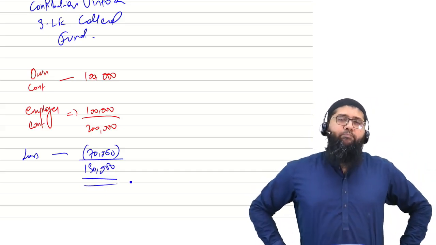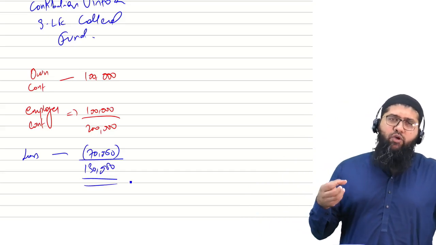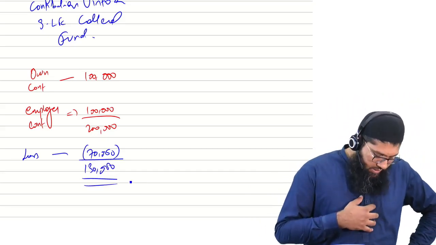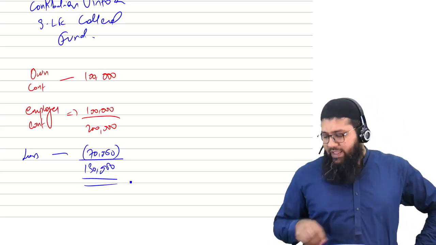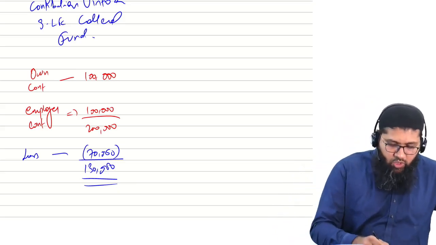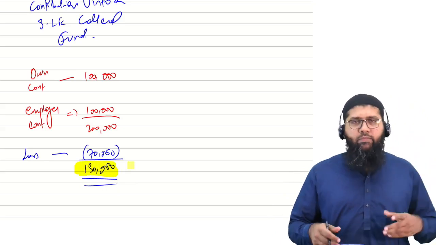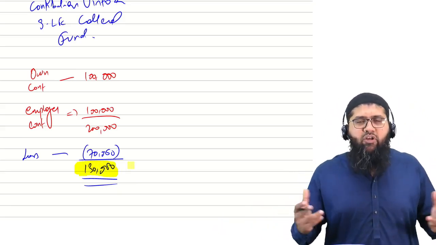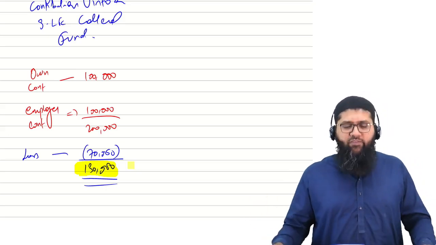Now the employee comes to withdraw the amount from the fund. When he comes to the fund, he finds out that he can only get 130,000 because the rest of the amount has been lost because of poor management of investments.